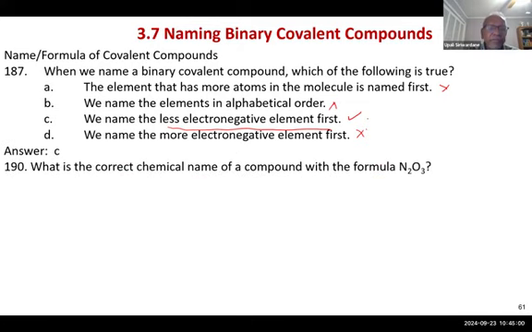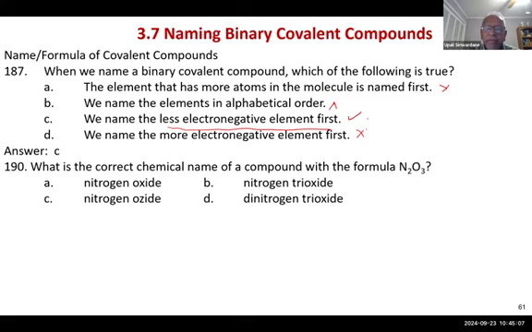What is the correct chemical name of the compound with the formula? This is a covalent compound. These are non-metals. Therefore, you have to use a prefix to show the number of atoms. Trioxide. Tri means three.